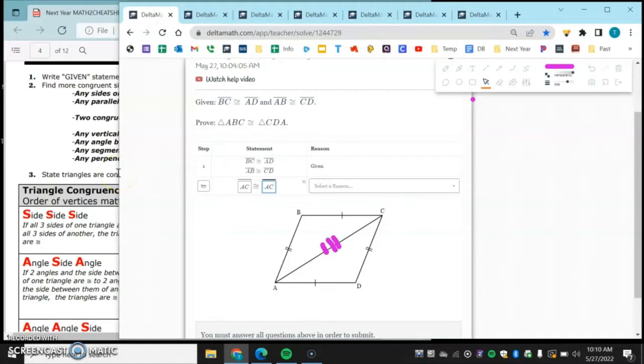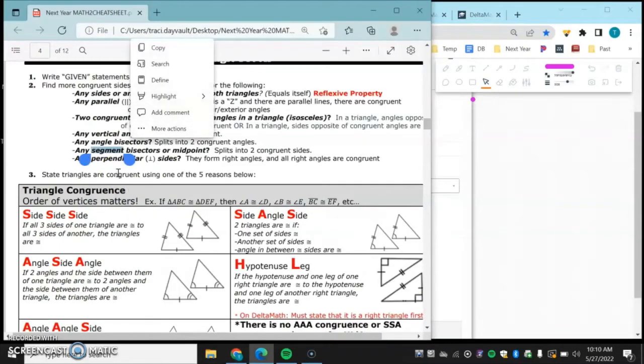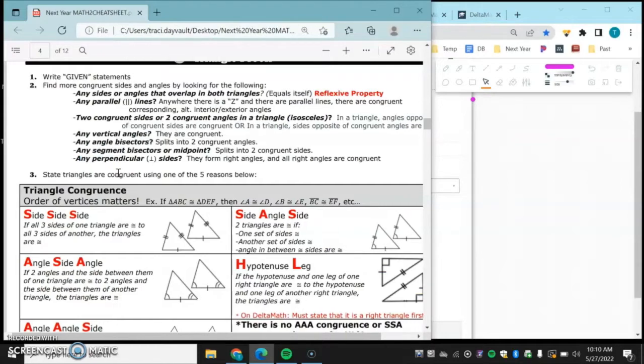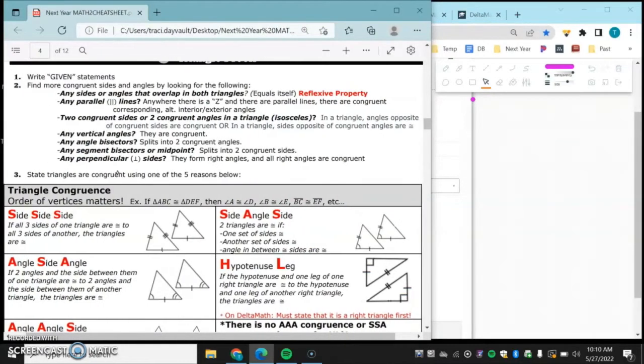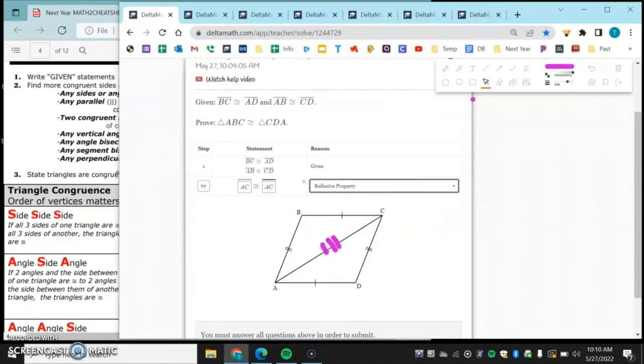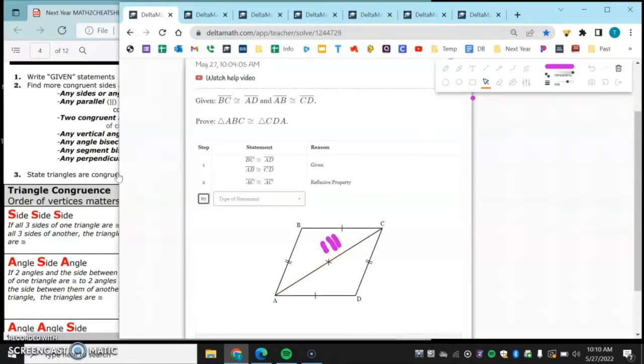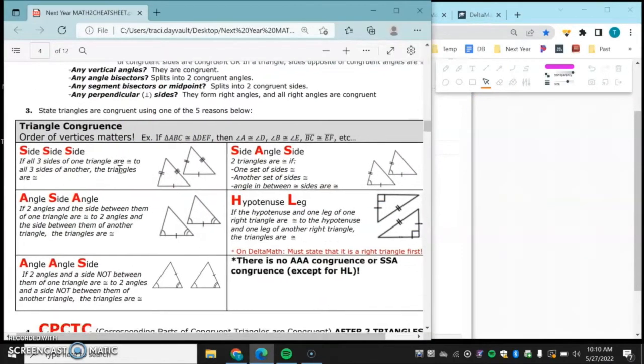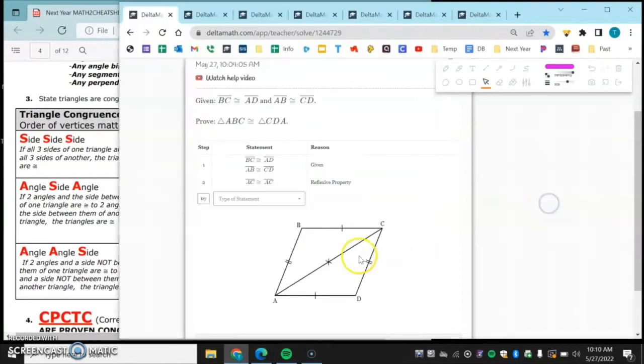You're going to see things being equal to itself a lot, and you need to remember that the reflexive property is going to be the reason anytime something equals itself. Next, we want to see if I have enough information to use one of these 5 postulates yet.